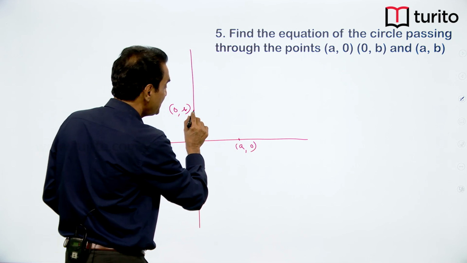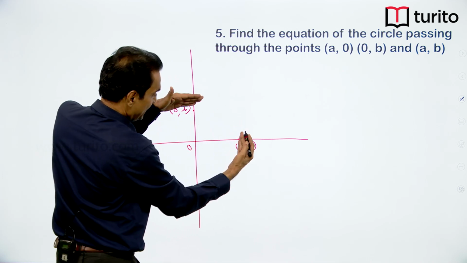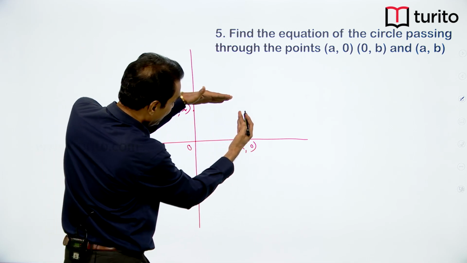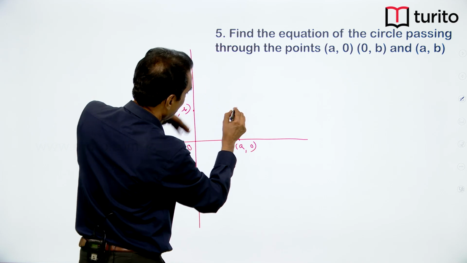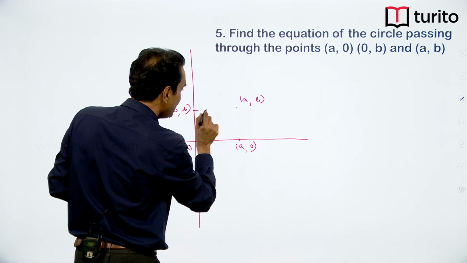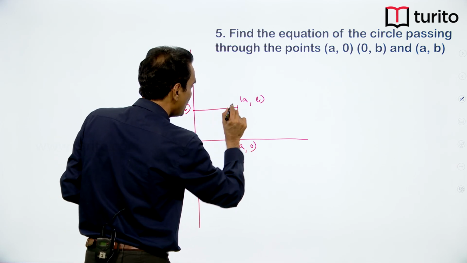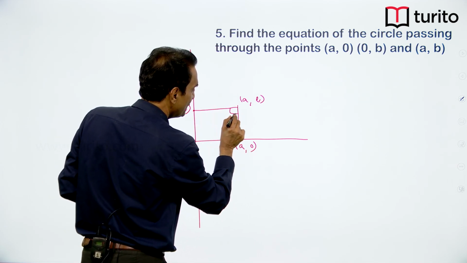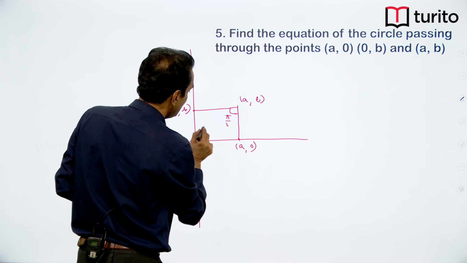Where is the third point? It has x coordinate a, y coordinate b, means it will be here. So, if you join these two and these two, this angle is pi by 2.